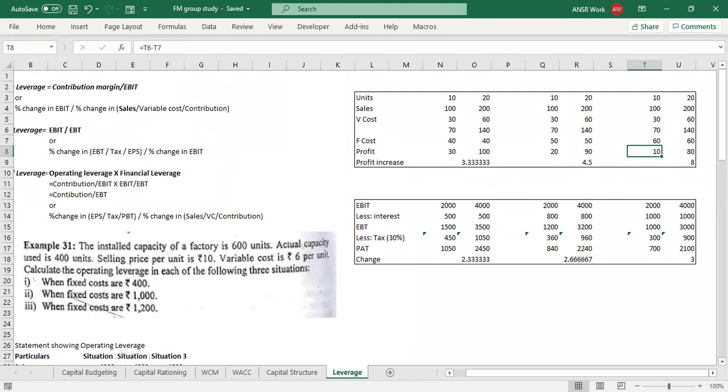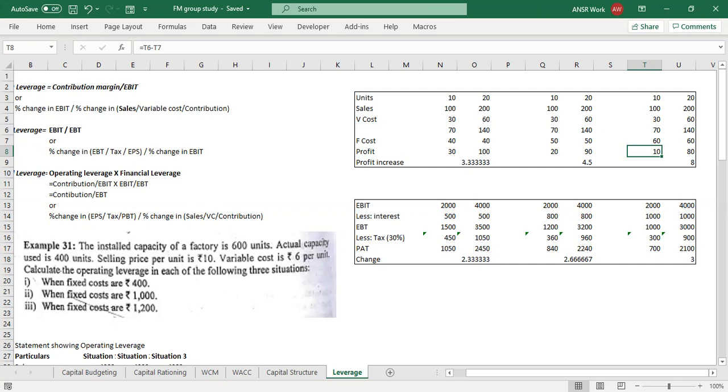Now imagine, until that 40 rupees of fixed cost is recovered, you have to count that fixed cost into your account in order to determine the profit. Once that is recovered, you don't have any fixed cost, isn't it? Whatever you are earning, the whole contribution is a profit.